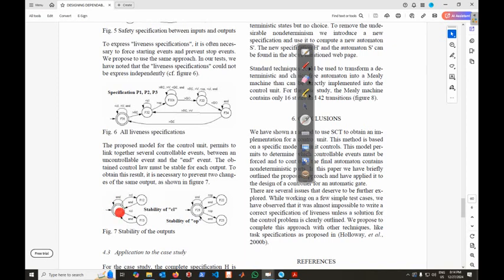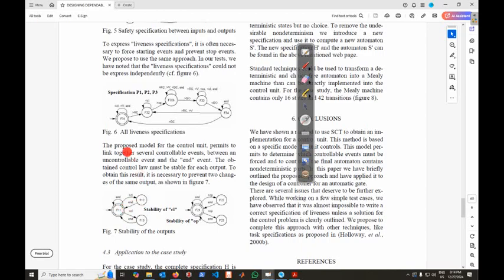Suppose that we are requesting the motor to close. Once you issue the controllable event for the motor to close, you cannot issue the order of stop closing or to switch off closing unless the end cycle is issued. Okay, that's what it means.